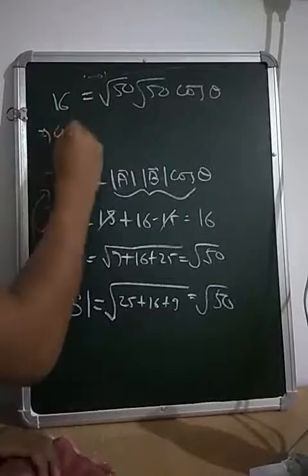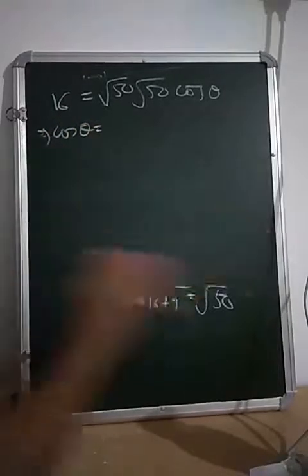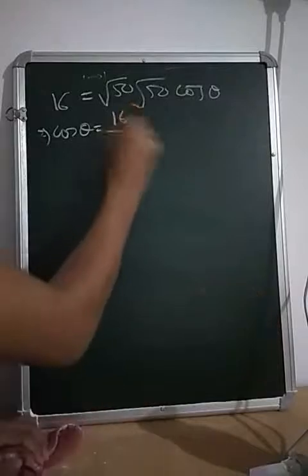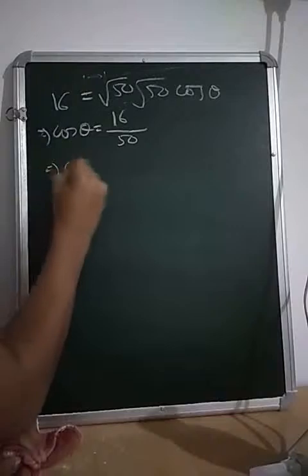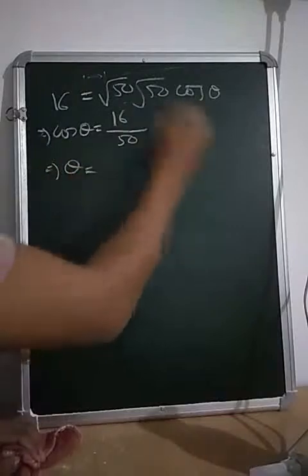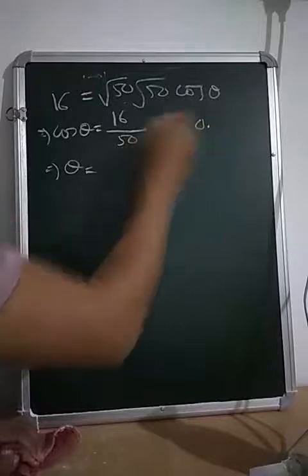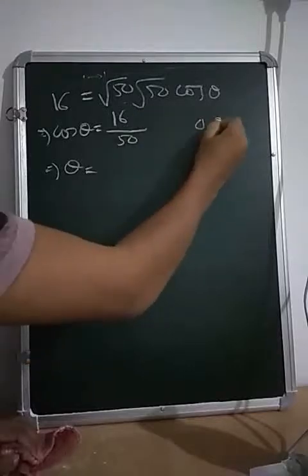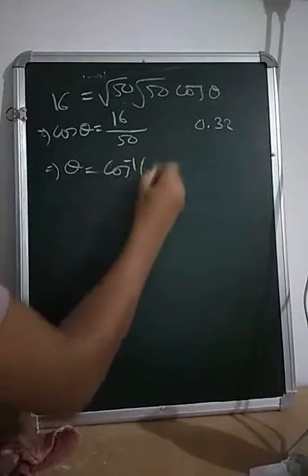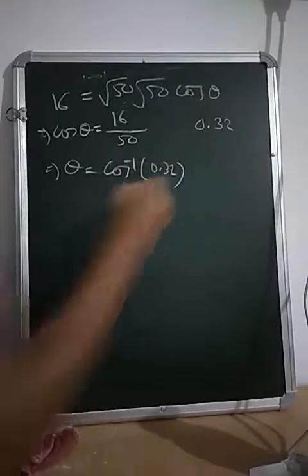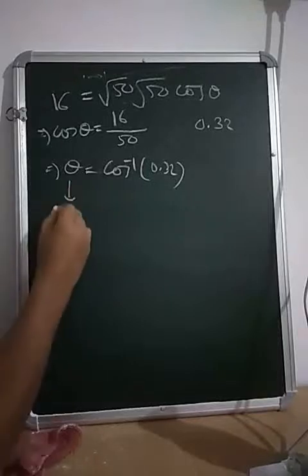So cos theta will be 16 over 50, which is 0.32. So theta will be cos inverse 0.32.